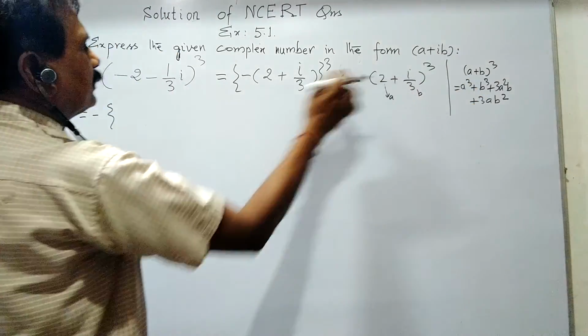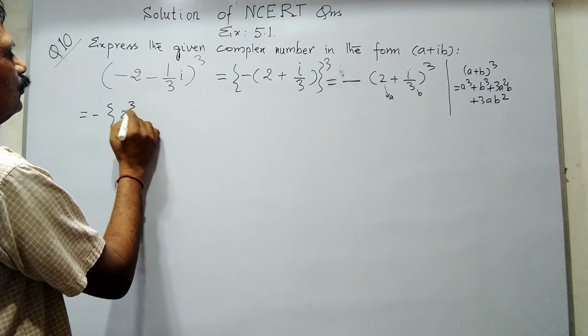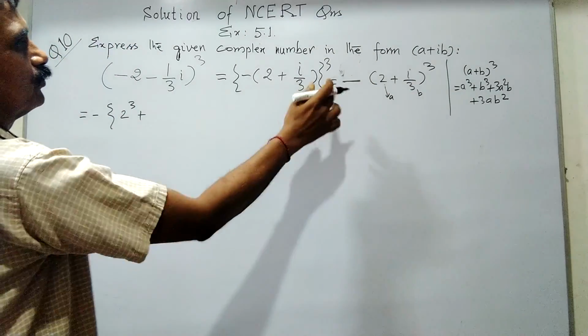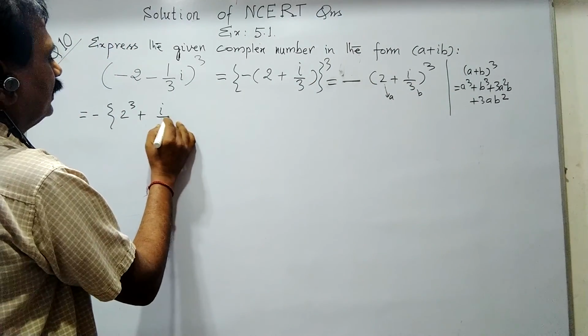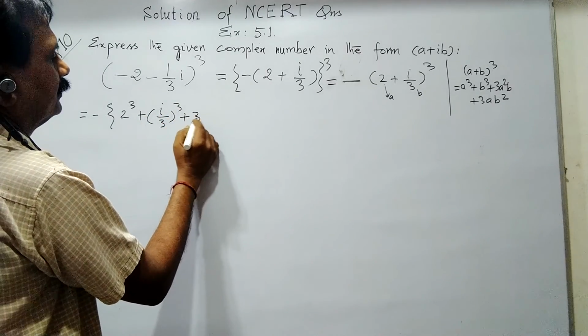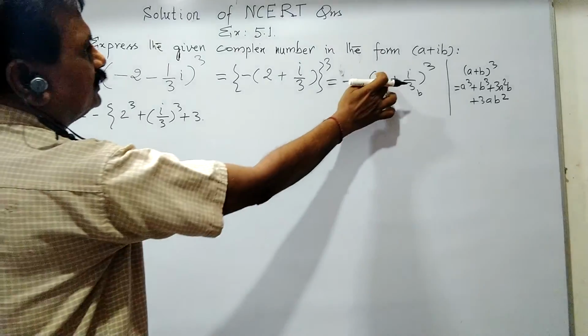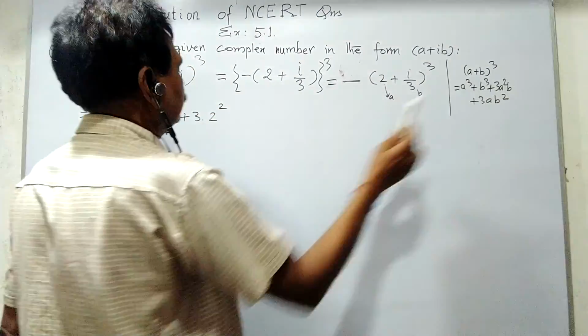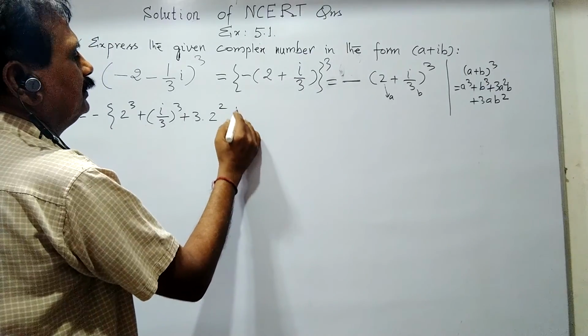Then here, minus with a cube, take the cube of 2, this is a cube plus b cube, that means (i/3) whole cube, plus 3a square. a square means a to the power 2, and b. b means i/3.